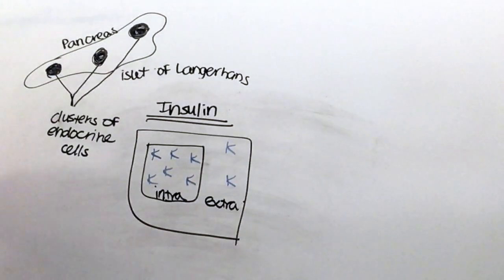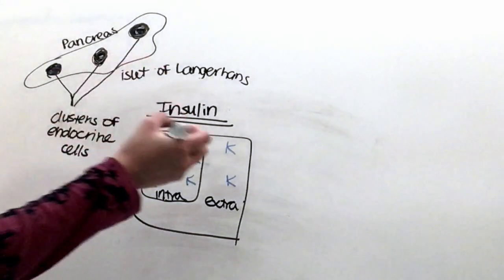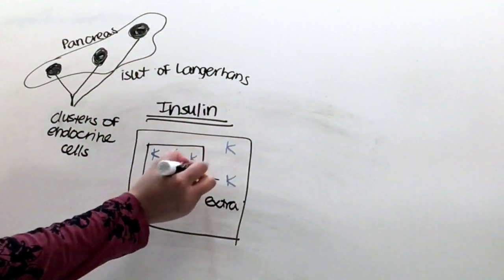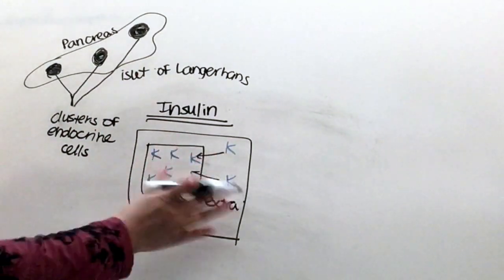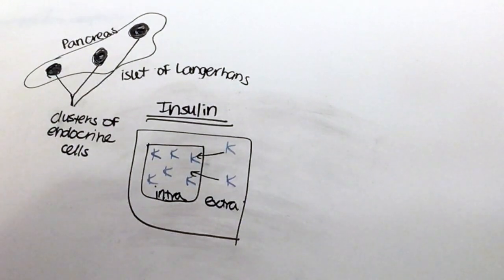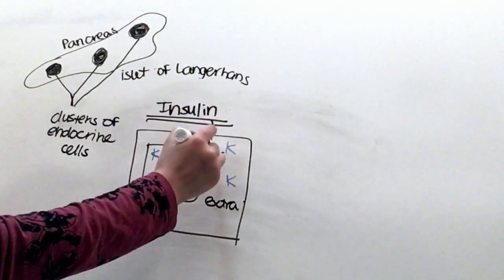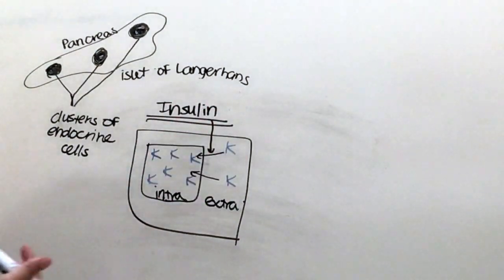And this is so that various things can take place within our body, and insulin itself is going to play a role because insulin is going to be the one that makes this homeostasis happen. Basically, insulin is going to promote the flow of potassium intracellularly. So without insulin, you're going to have more potassium ions on the extracellular side than on the intracellular side.